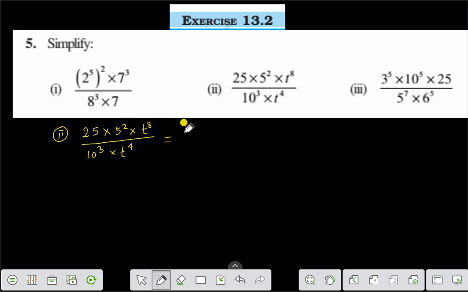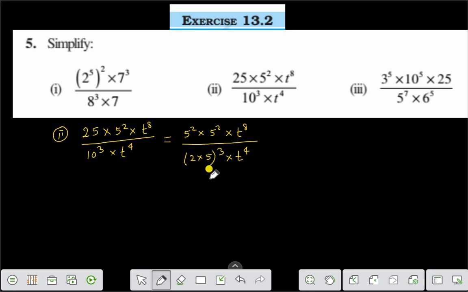Now you can write it as 25, that is 5 square, into 5 square into t to the power 8, divided by, here you see 10 to the power 3, 10 to the 3 can be written as 2 into 5 to the power 3, into t to the power 4. Right?